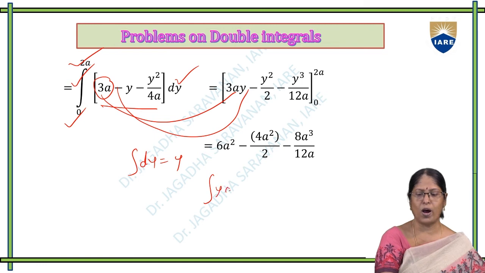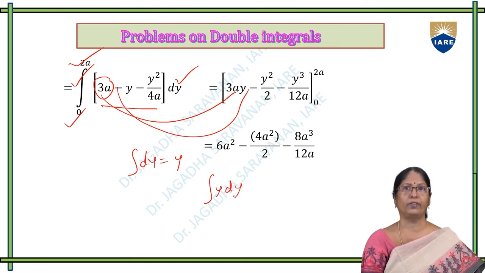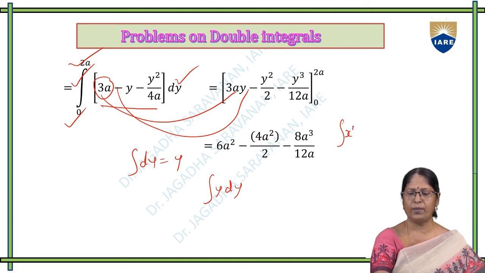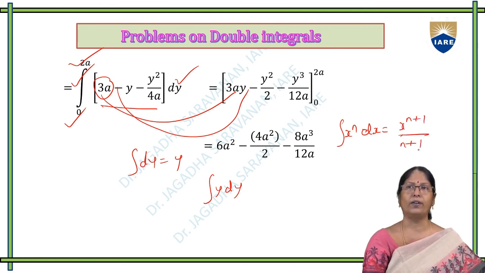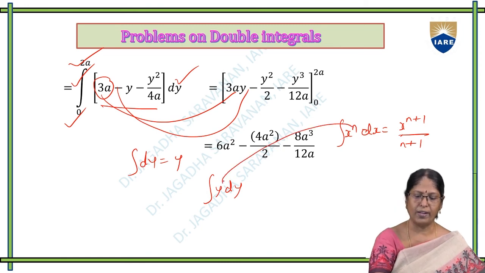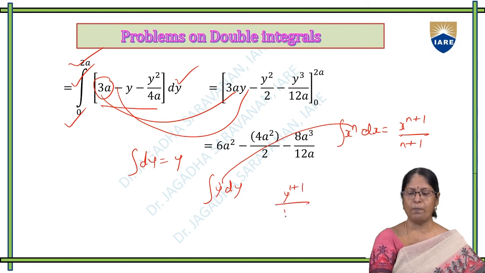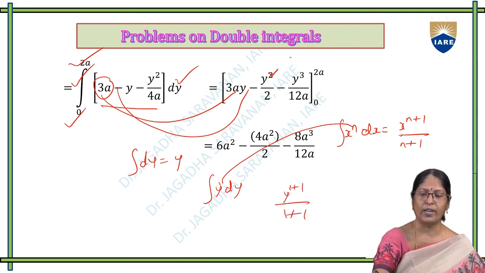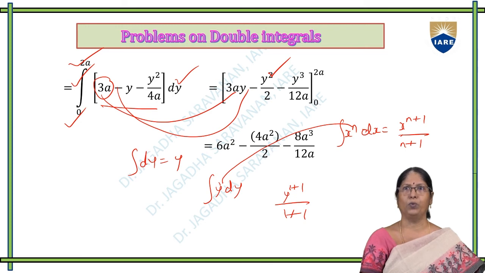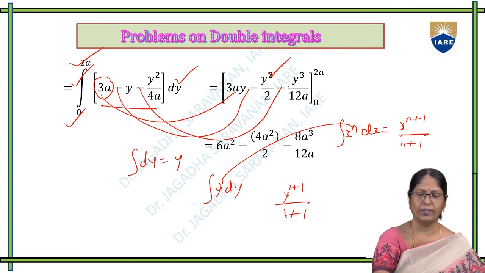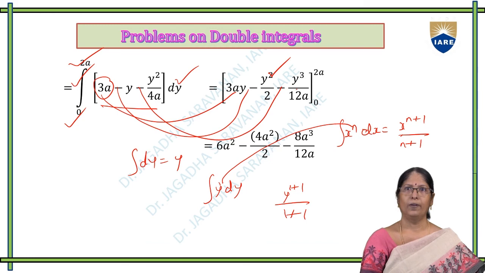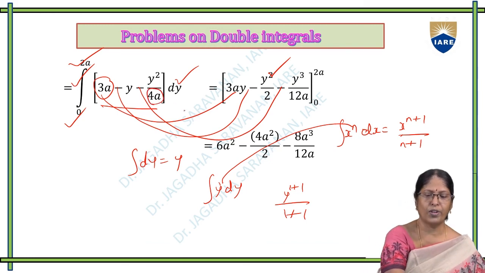Next, integral y dy, we have to do it. Small integration, the basic integral formula, integral x^n dx is nothing but x power n plus 1 by n plus 1. Here our n is playing the role 1, so y power 1 plus 1 by 1 plus 1, so we can see it is y square by 2. Next, this minus is as it is, and here this 4a is there.